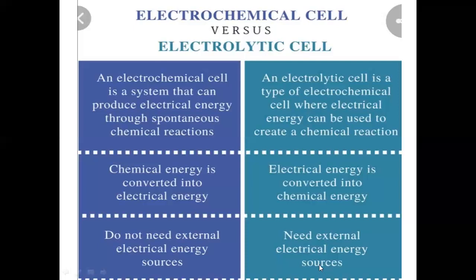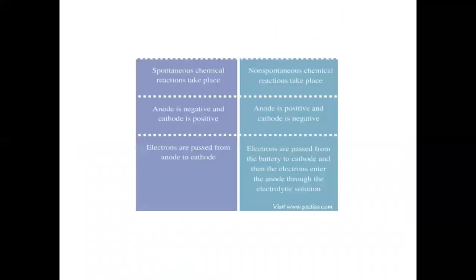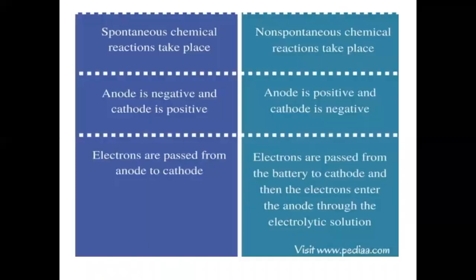And in electrolytic cell, they need external electrical energy or a battery or a source of electricity to run a chemical reaction. Other differences are: spontaneous chemical reactions take place in voltaic cell, while non-spontaneous chemical reactions take place in electrolytic cell.